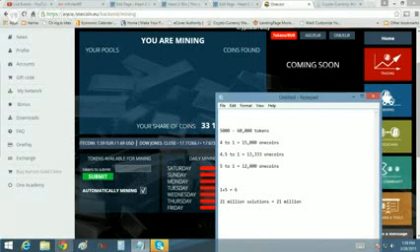The harder it is to mine, the fewer coins are being created, and the more people that want it, the supply goes down, the demand goes up, which causes the value of the coin to go up. Supply and demand.